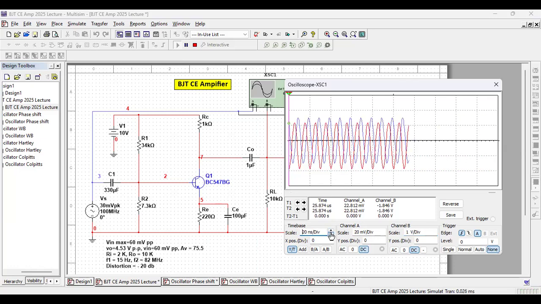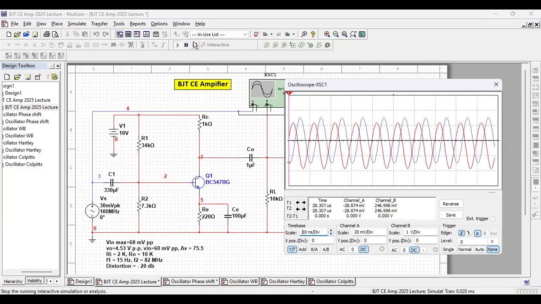I have to adjust this. Now you can see the output, this red line, is behind the input. And it is behind by more than 90 degrees, about 130 degrees.